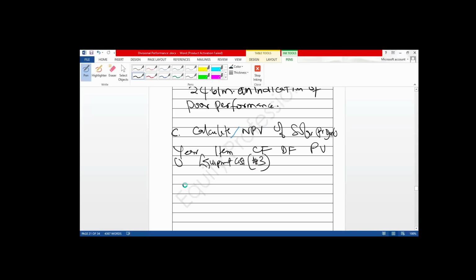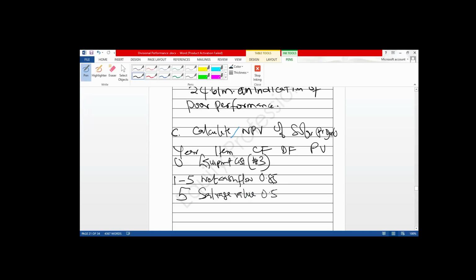That's an outflow. Year 1 to 5, net cash flow from the project 0.85. Year 5 only, the salvage value. That is the scrap value. You can sell the equipment for 0.5 million.